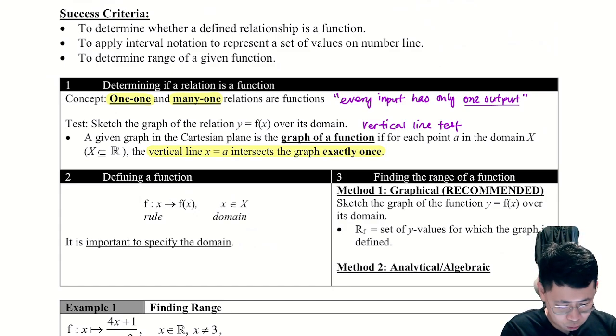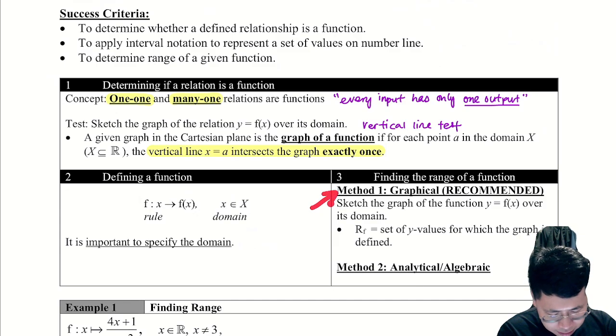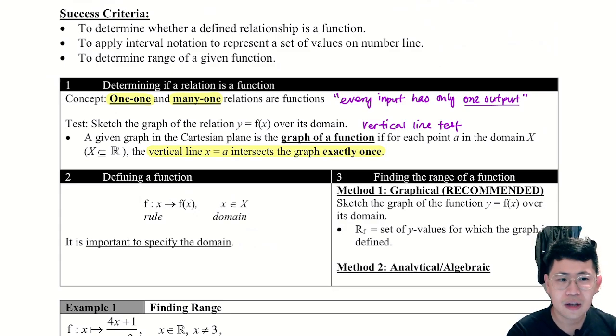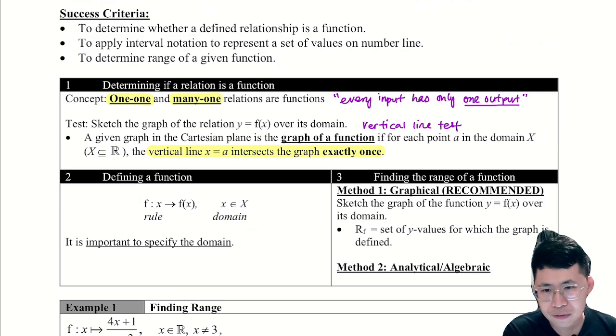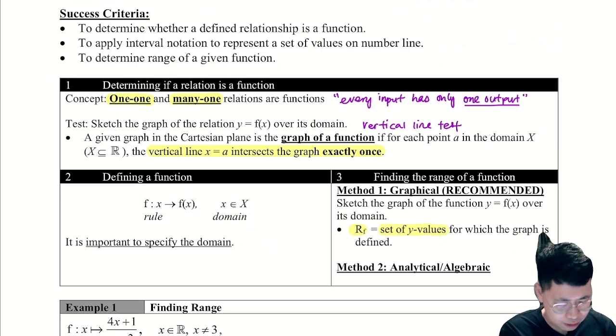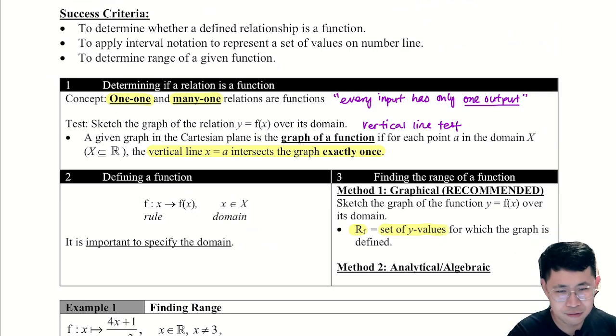So what we're going to do at A level is use the graphical method. We see the domain and range of the function from the graph itself. We sketch the graph, and the range of f is the set of y values for which the graph is defined.